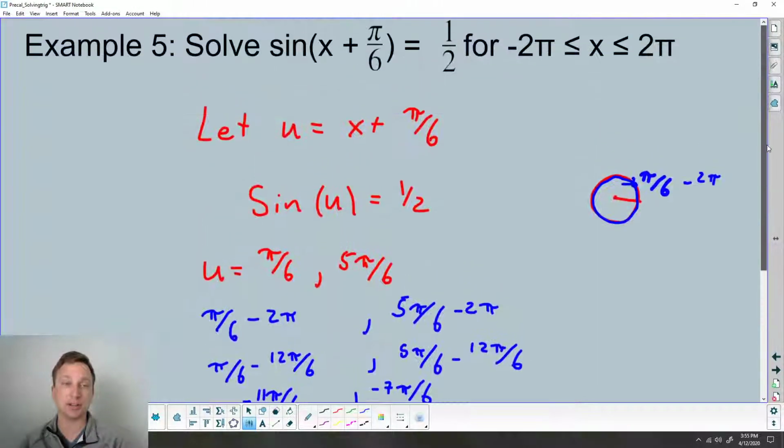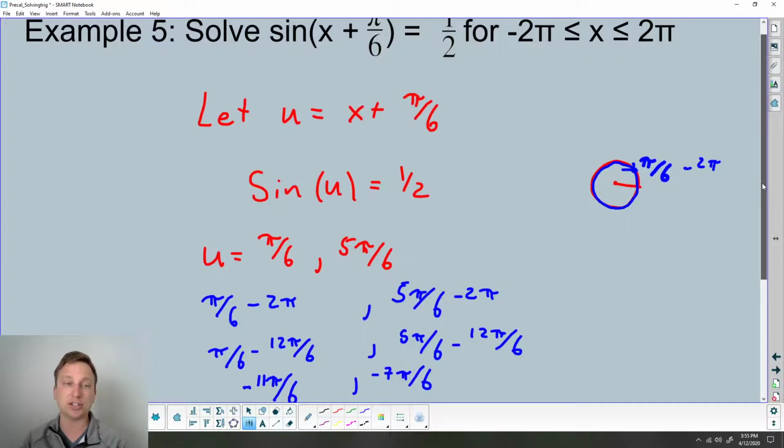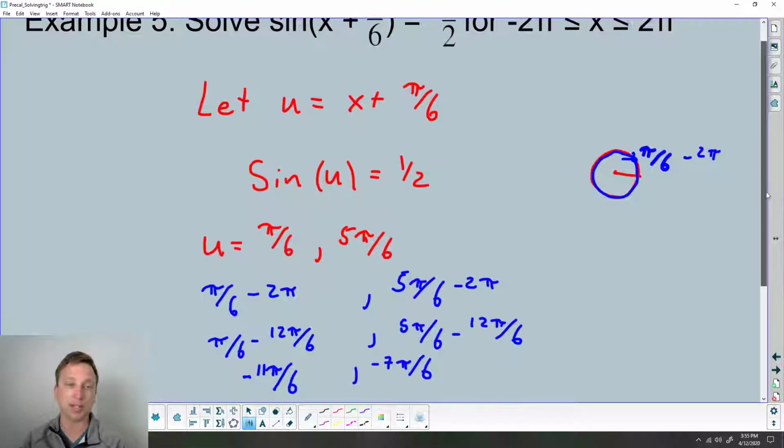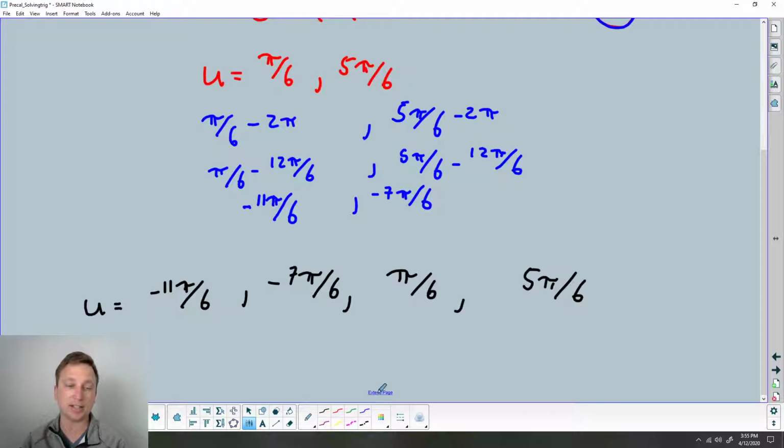Now, if we look at the original equation, we're not asked to find what u is, we're asked to find x. So we're going to go back and resubstitute. The equation that we built at the beginning allows us to find the x values. u is equal to x plus pi sixths, and I can solve each of these.